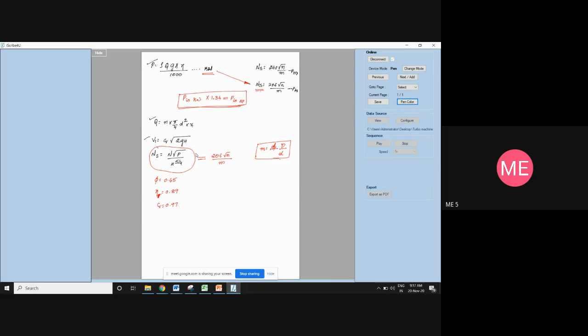U is equal to pi D N by 60, or it is also called speed ratio into root of 2gH. Using all these equations, I can easily obtain the specific speed in terms of 206 root N by m. If anybody is done, please let me know.